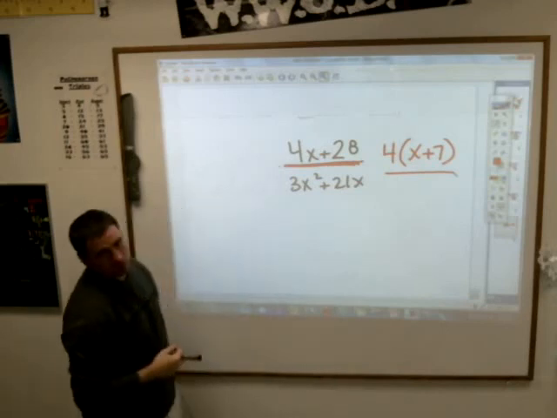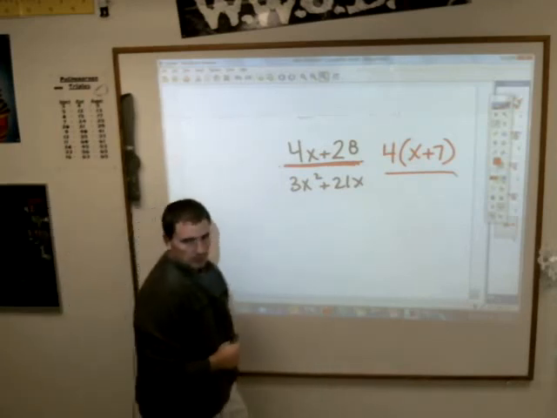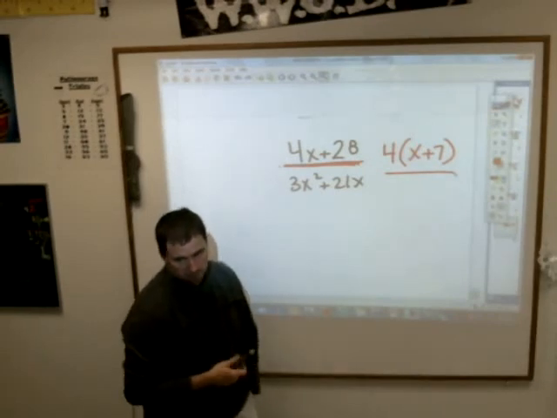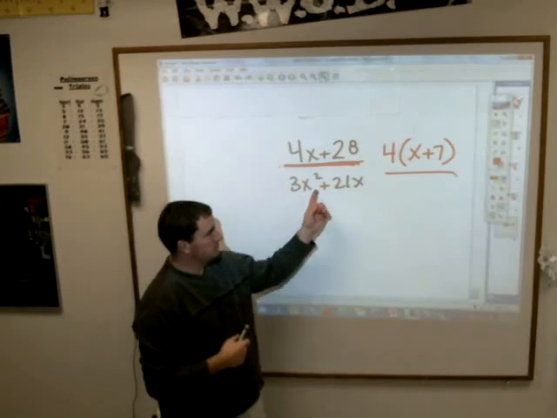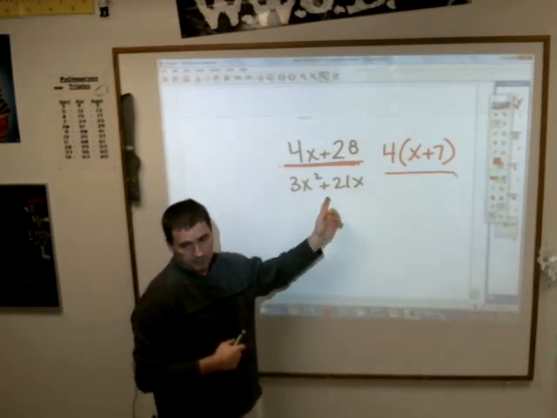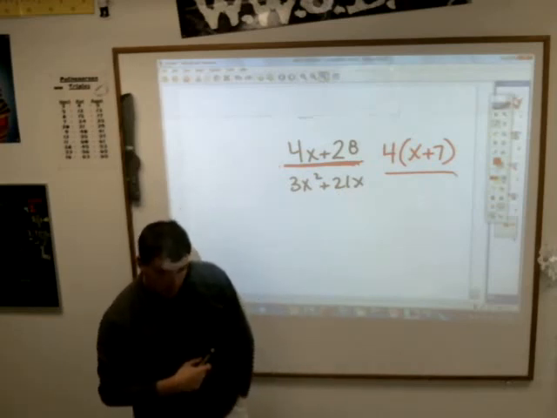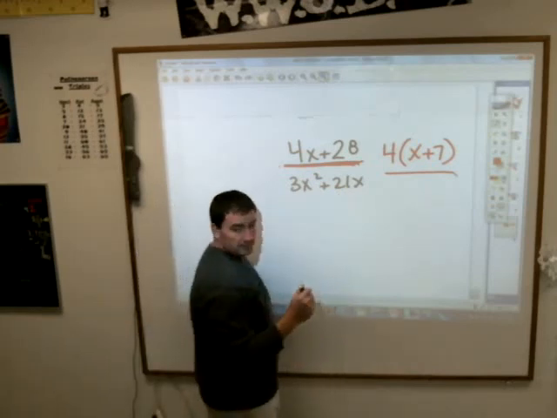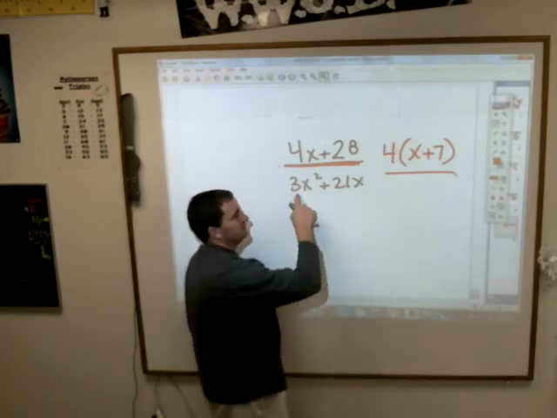On the bottom, you can take out, Mary Schubert, you can take out both those. What common factors do they have? 3, and they both have x's, so 3x is your common factor.